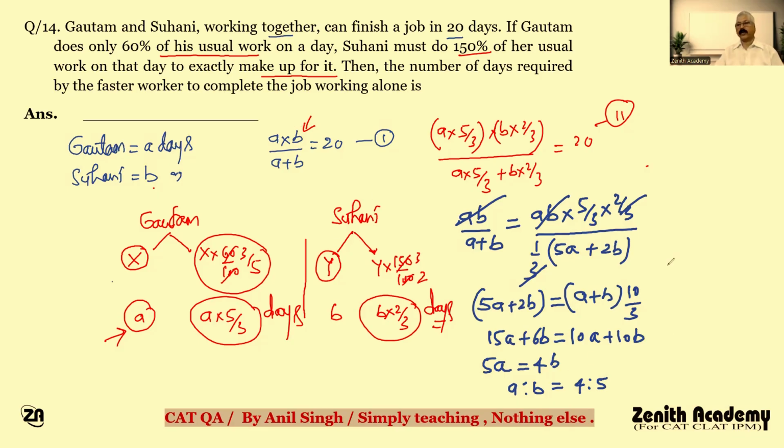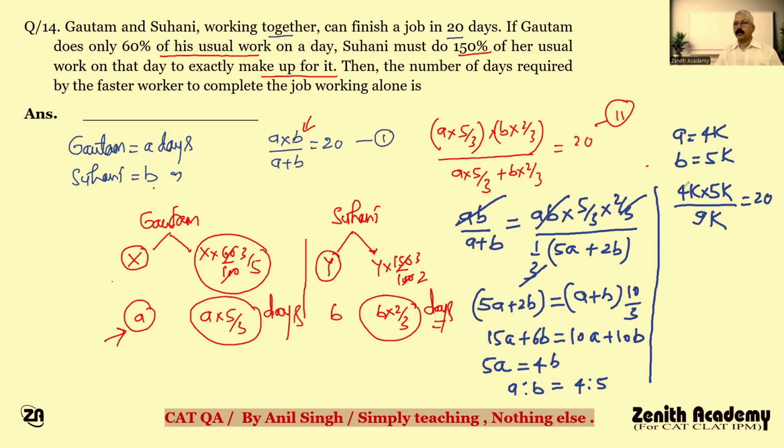If I take A is equal to 4K and B is equal to 5K, then equation number 1: 4K into 5K upon 4K plus 5K, 9K, is equal to 20. So this 4, 5, 20 and this K cancel. So K is equal to 9.